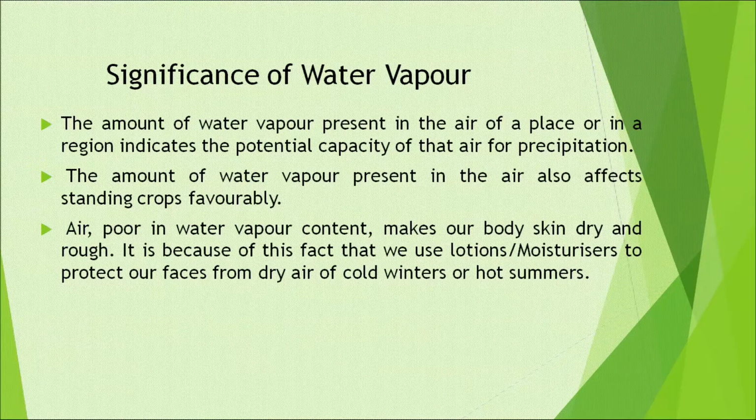The amount of water vapor present in the air also affects standing crops favorably. Air poor in water vapor content makes our skin dry and rough. It is because of this fact that we use moisturizers and lotions to protect our faces from the dry air of cold winters or hot summers.